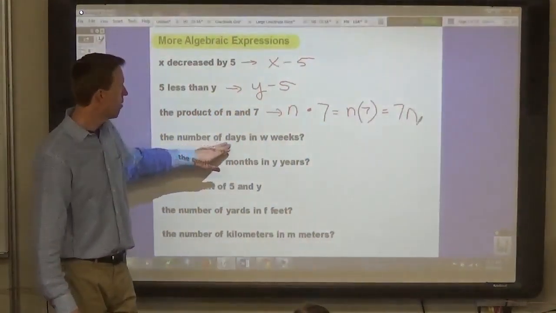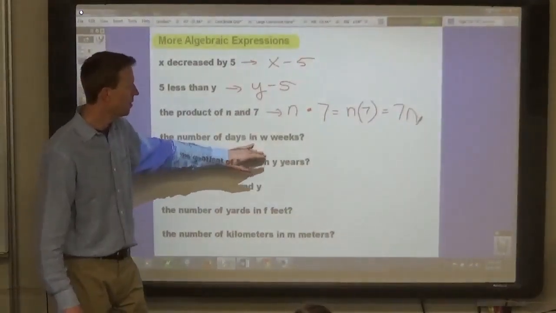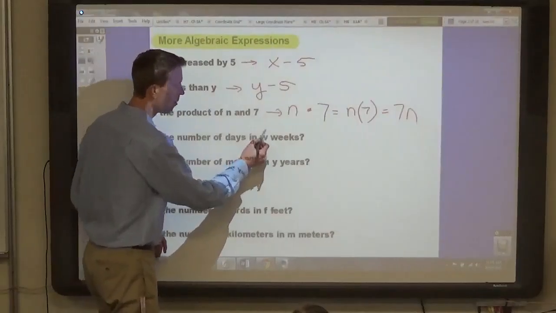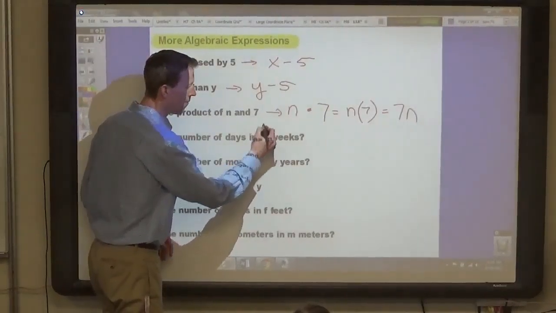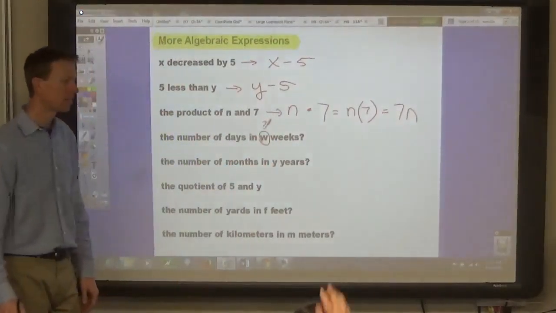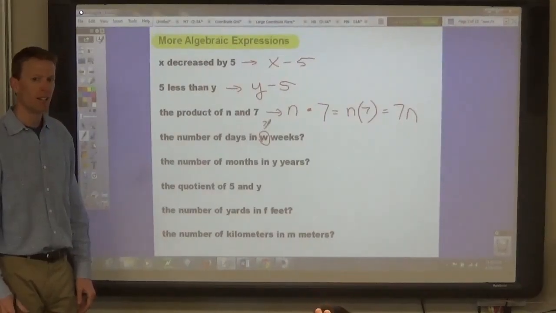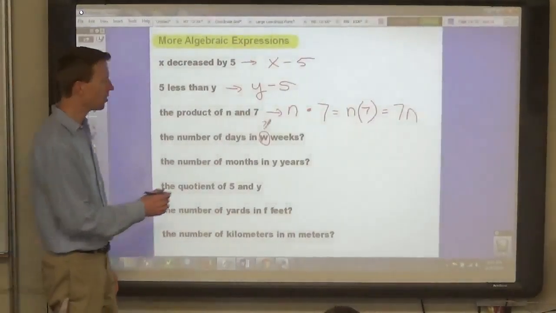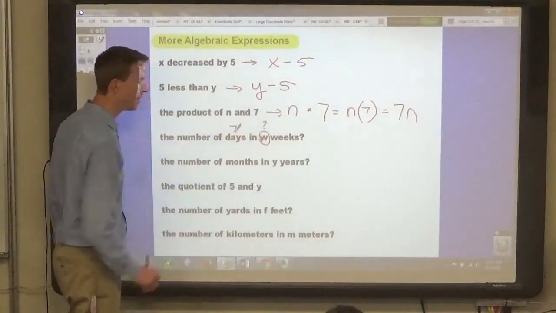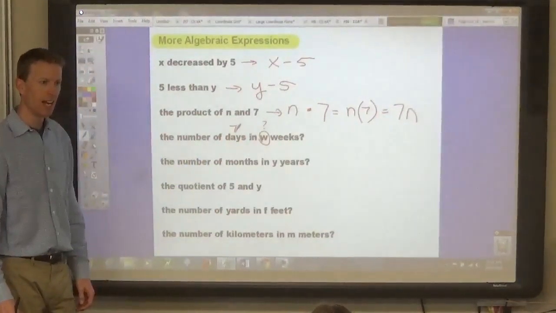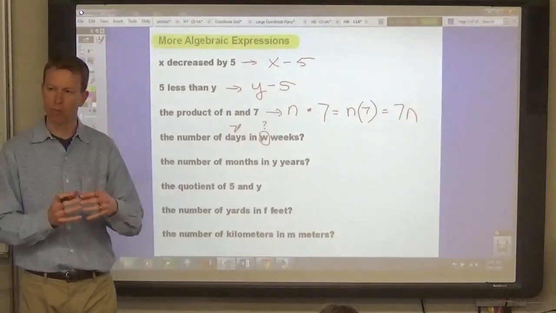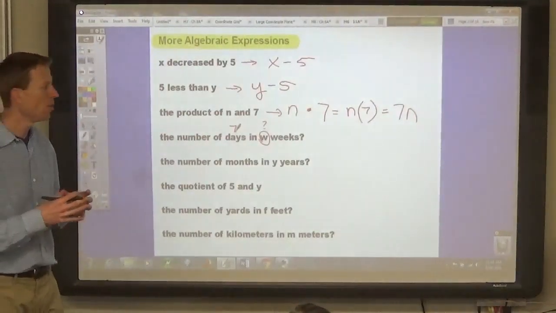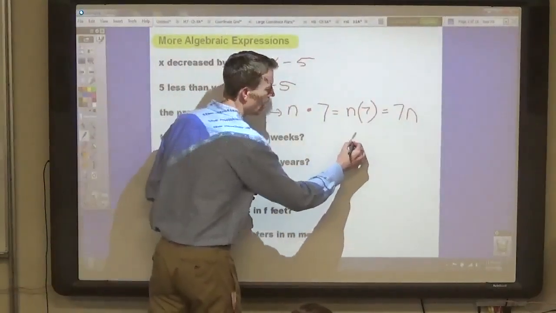How about the number of days in W weeks? So we have an unknown number of weeks. We have W weeks. But do we know how many days there are in 1 week? 7. So we can write 7 there and then write it as an expression. How would you get the total number of days?